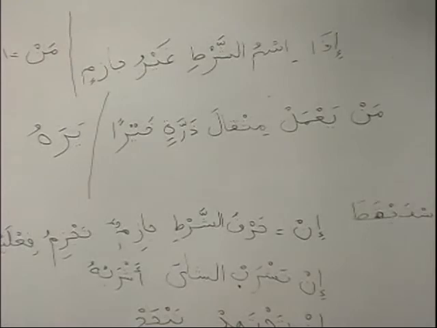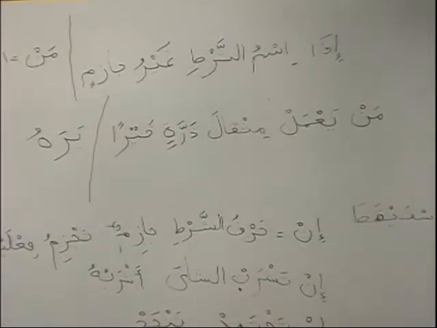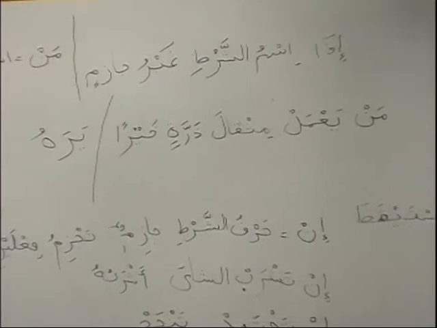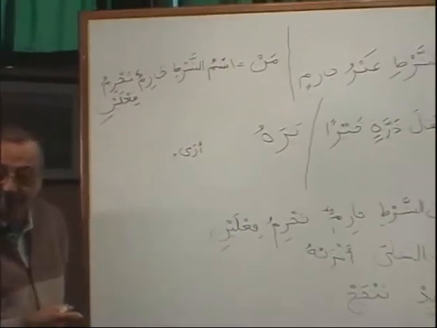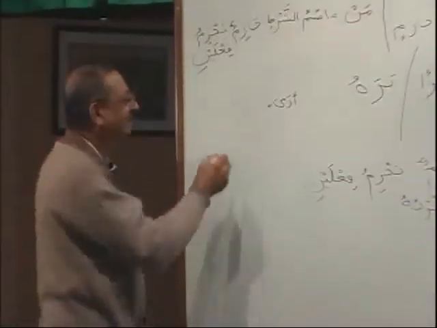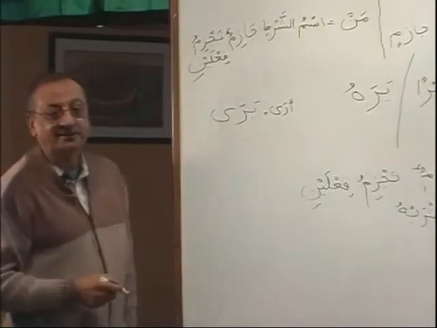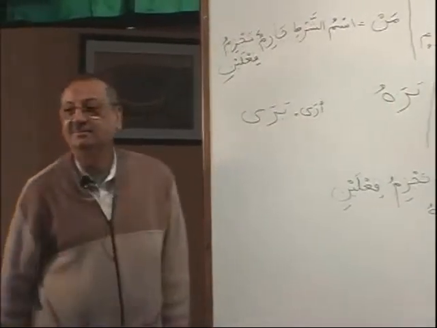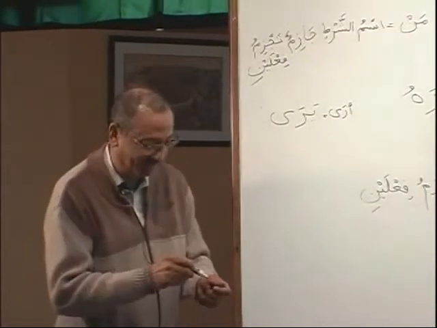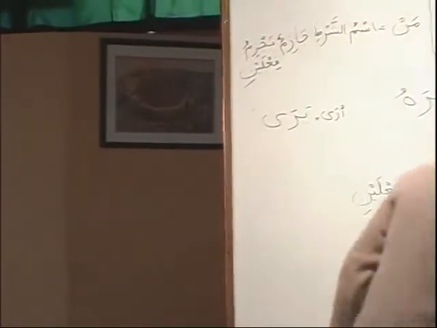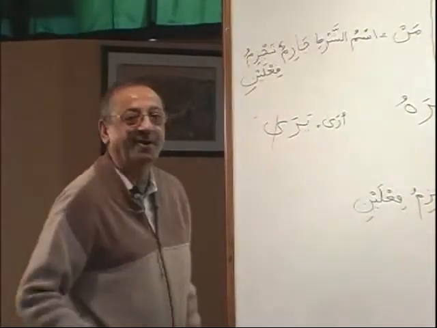Are you with me, brothers and sisters? Okay. What is this, brother? Ya'mal. What is mudari'? Sister Hafsa, make it majzoom. What will you do? You will chop off. Brother Hassan, what will you chop? Yeah. If you chop the ya, what became now?